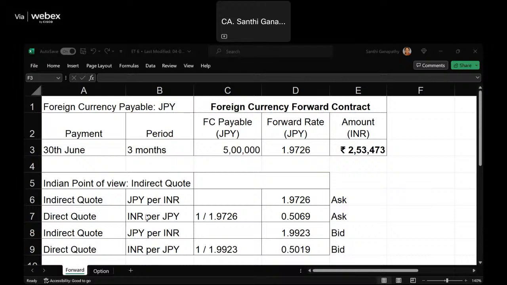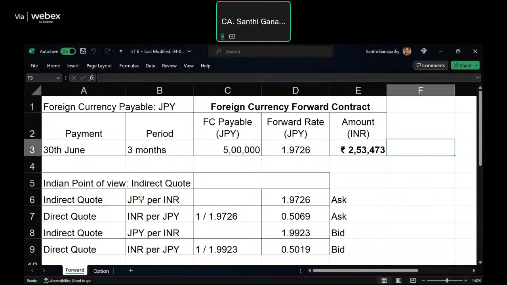So if I convert the indirect quote into a direct quote, that is from JPY per INR to INR per JPY, look at this, 0.5019 is less than 0.5069. How you convert one quote into another means inverse. You have to take the inverse.